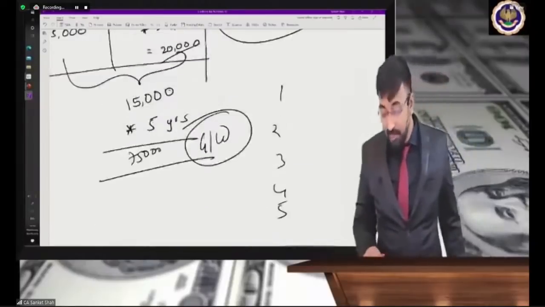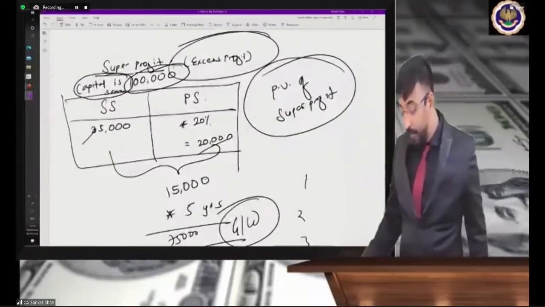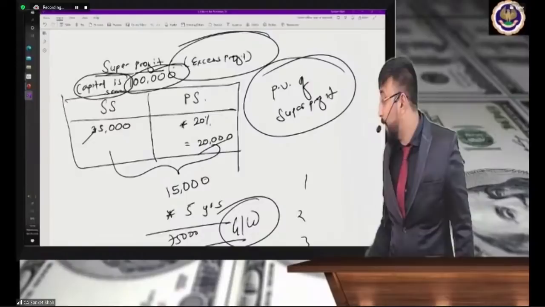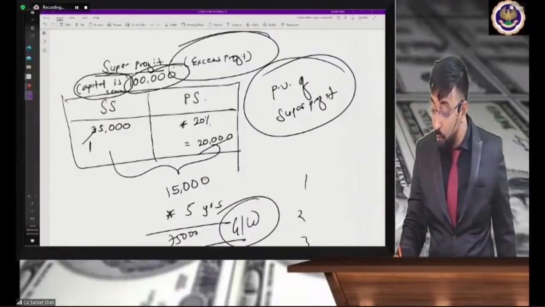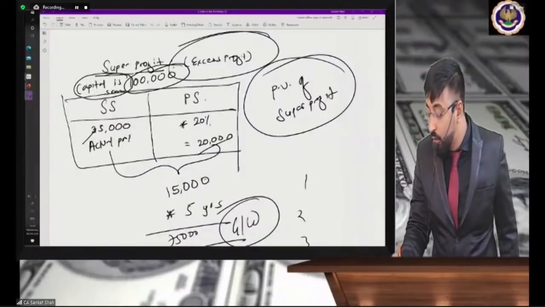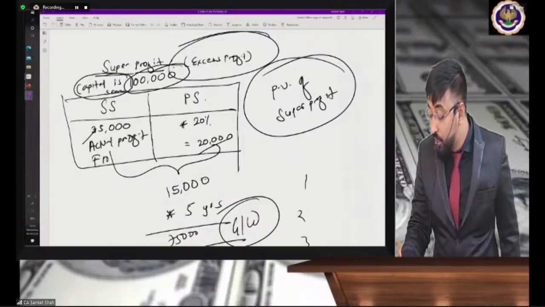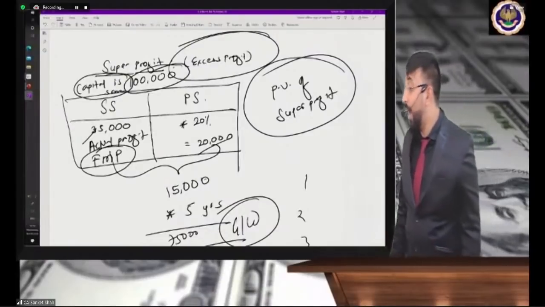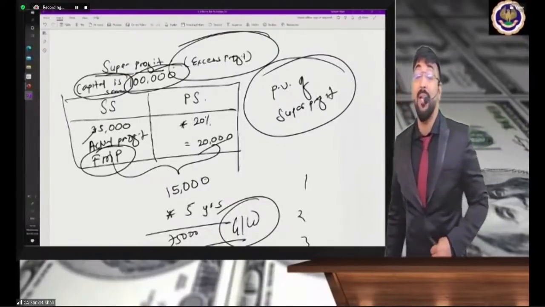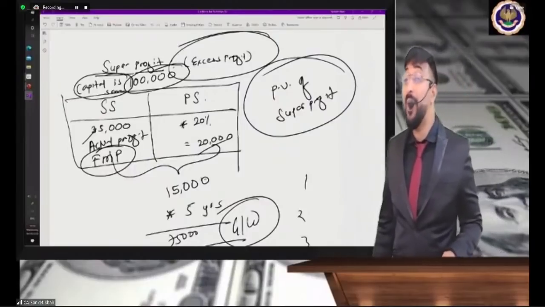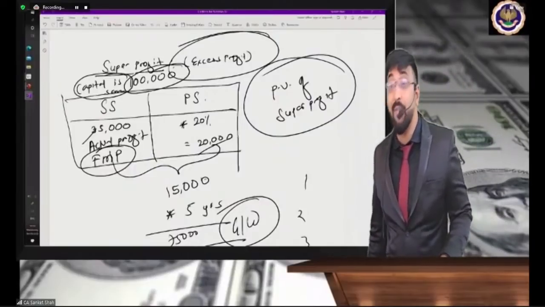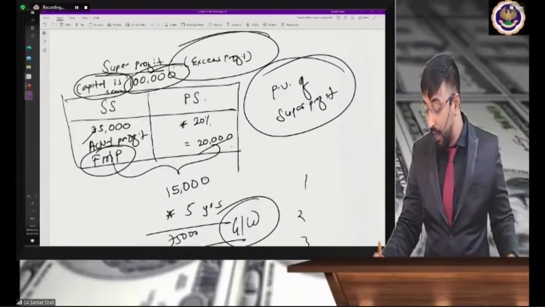Now, in the first example, what is my profit? 35,000. So 35,000 is known as actual profit, or you can call it future maintainable profit. Your competitor, Pratham, is my competitor for khakra. So his profit is called normal profit.